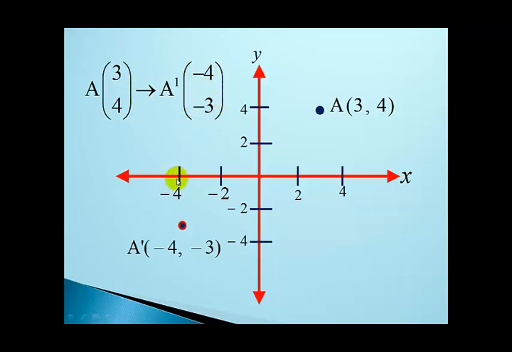So this is the point. That's the image A prime, minus 4, minus 3, where minus 4 is the x-coordinate and minus 3 is the y-coordinate. So this is the image of the point A, 3, 4.